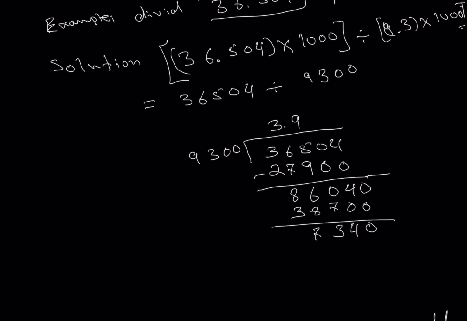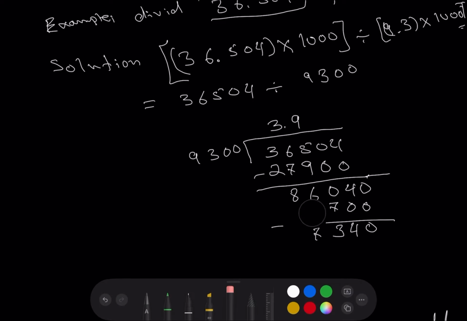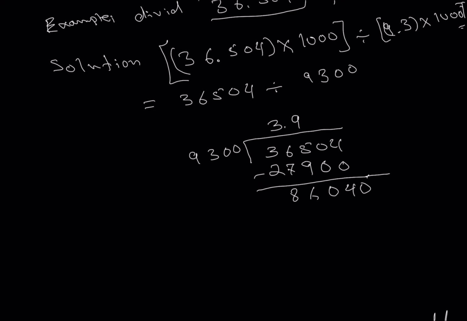Something is not right here. 9 times 3 is 27, 9 times 9 is 81, it will be 83.